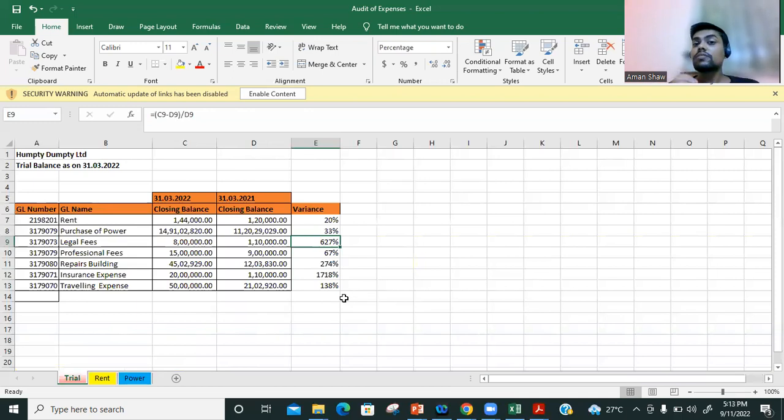So the answer is no, because if you are checking the legal expenses ledger, you will get to understand what the litigation matter is, or what things are going on with the company due to which they are incurring such legal expenses. And it might have a direct relation with the contingent liability which the company has stated, and there might be situations which can lead to a provision also.